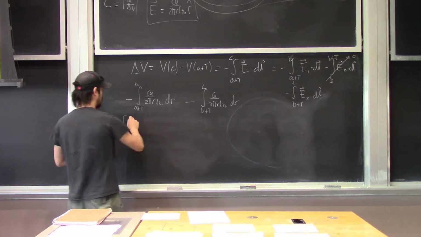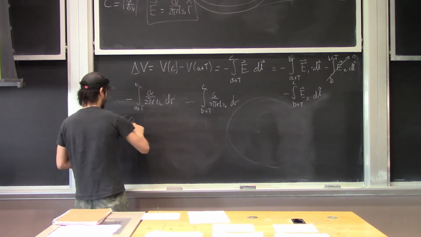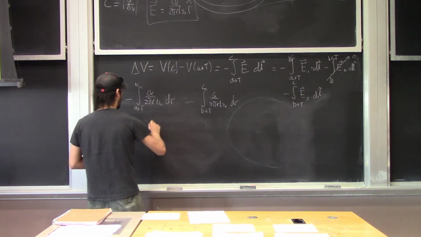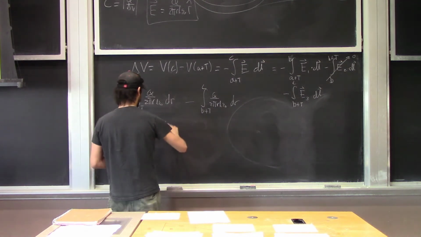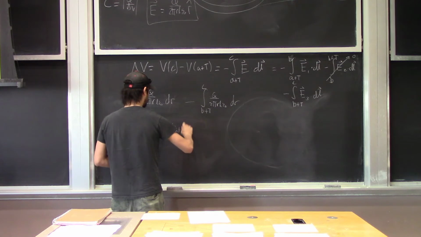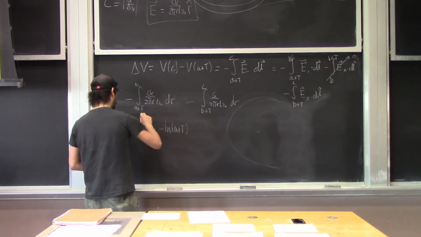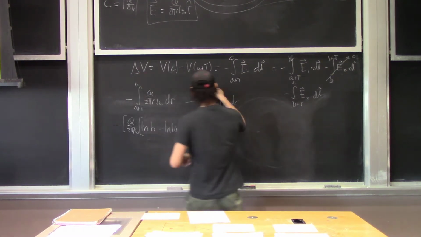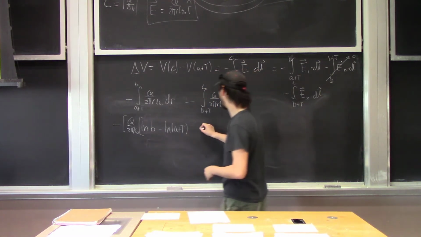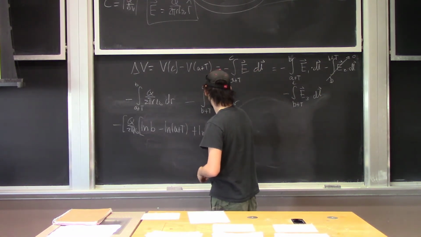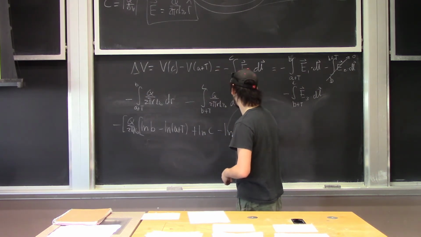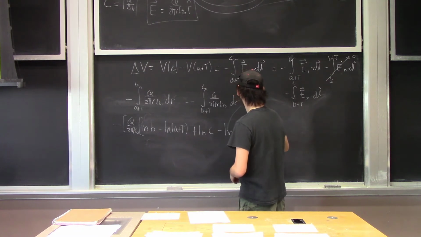This is going to give me q divided by 2 pi l epsilon naught times the natural log of b minus the natural log of a plus t. And actually, this prefactor is the same for both of these. So I also have the natural log of c minus the natural log of b plus t.